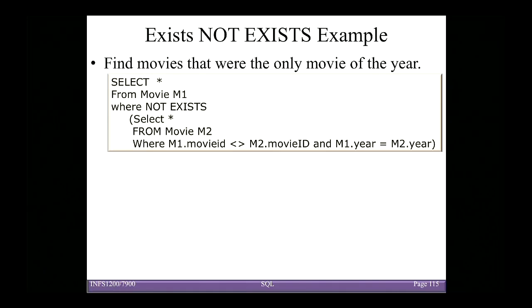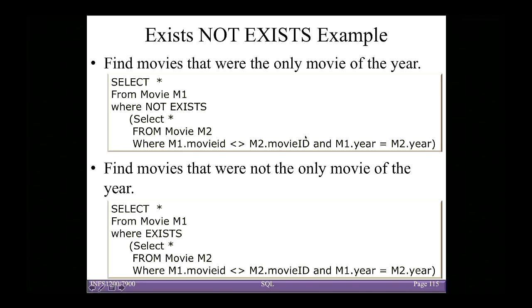So that would mean it's the only one if there doesn't exist another movie in the same year. So movie M1 is the only movie of the year where not exists another movie where the year is the same but the IDs are different.